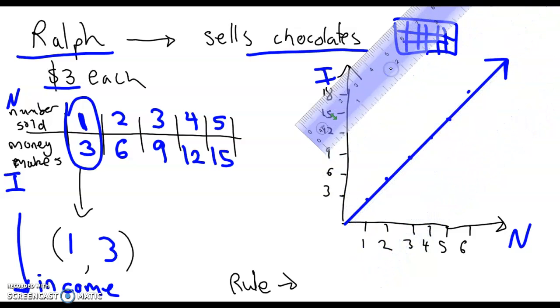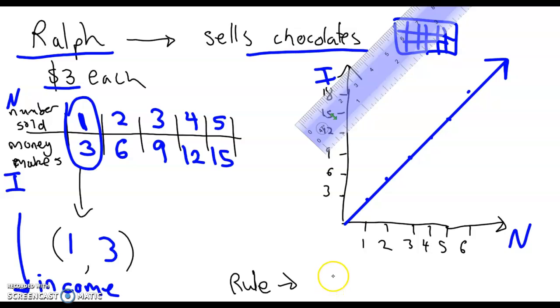Now, what's worth considering is, what's the rule that's linking? Like if I told you that Ralph sold 500 chocolates, how much money would he make? Well, hopefully you can see here that each time it goes up by 3.